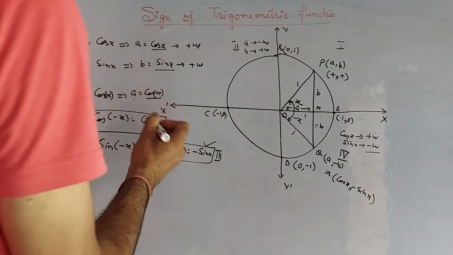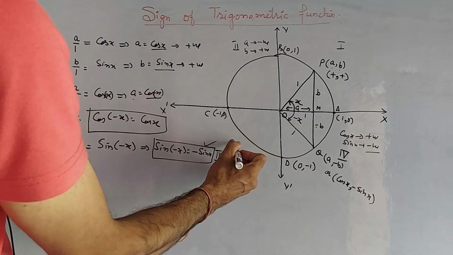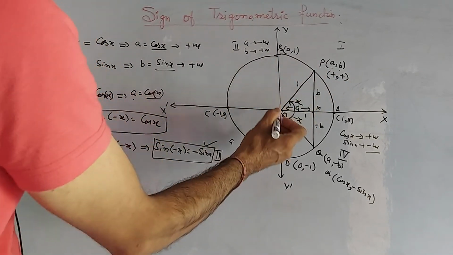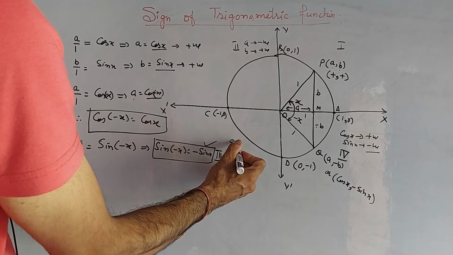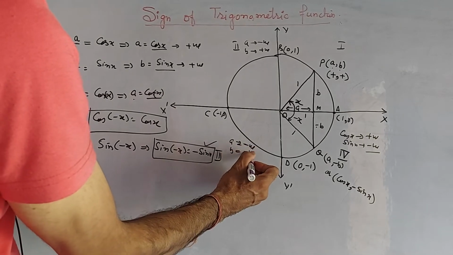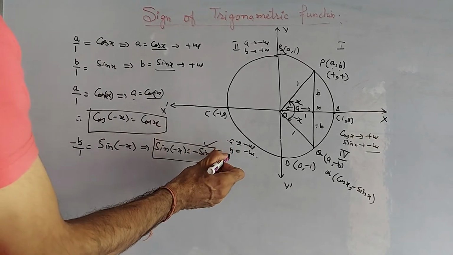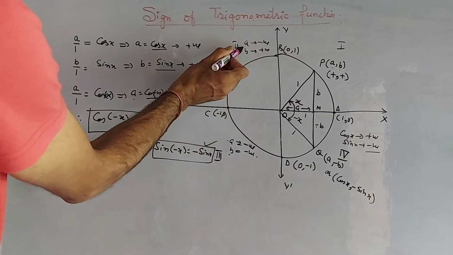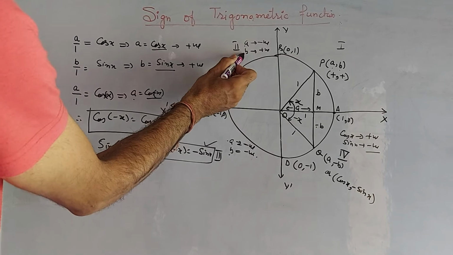And if P reaches here, in the third quadrant, then a is negative and b is also negative. Now since a is cos x and b is sin x, here we can see cos x is negative and sin x is positive.